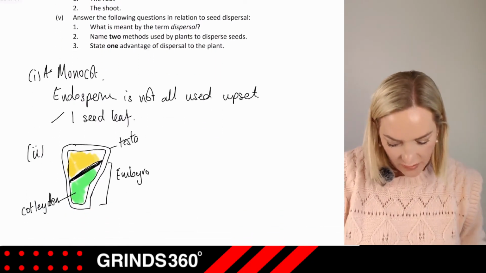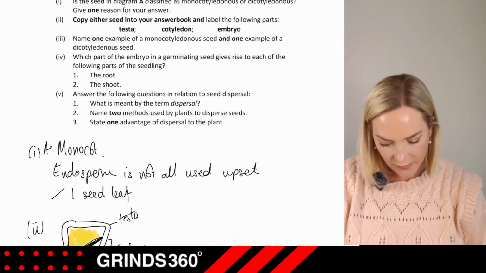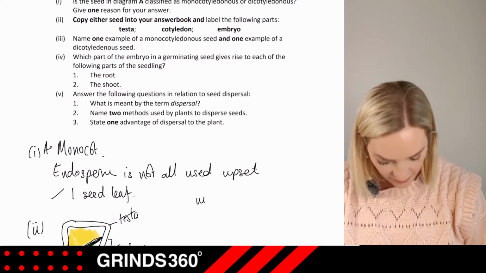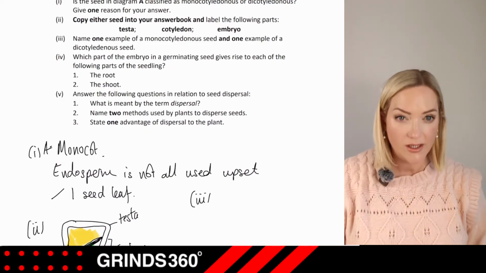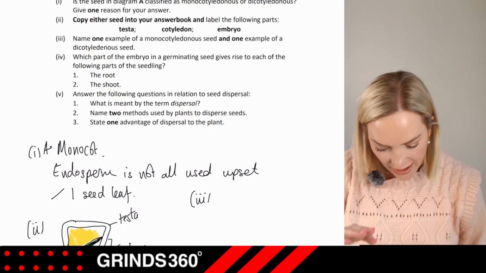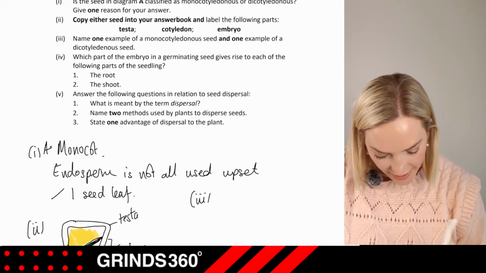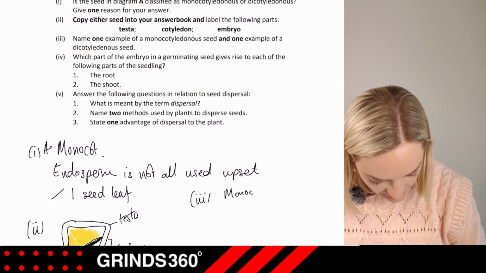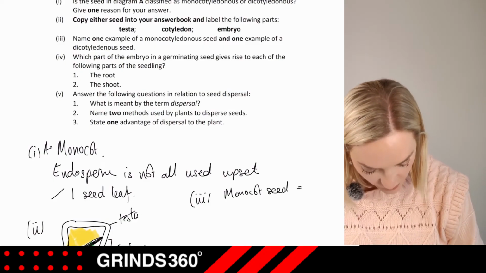Okay, conscious of time. So then you're asked part 3. Obviously, you will not do this in the exam, but for the sake that we can see part of the question and the answer. Name one example of a monocot seed and one example of a dicot seed. So I'm going to say monocot seed, for example, could be grass.